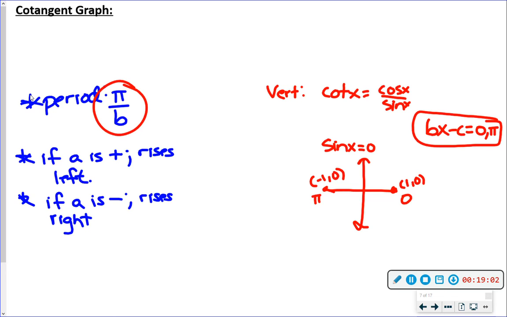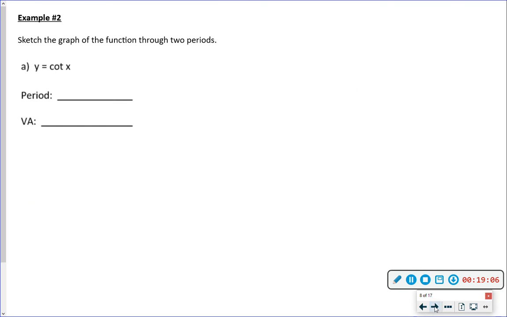This is so upsetting. All right, so let's draw cotan. So our basic parent function, period is the same as tan, pi over b, b is 1. Now no phase shifts, no weirdo numbers with x. I think cotan left and right points, 0 and pi.